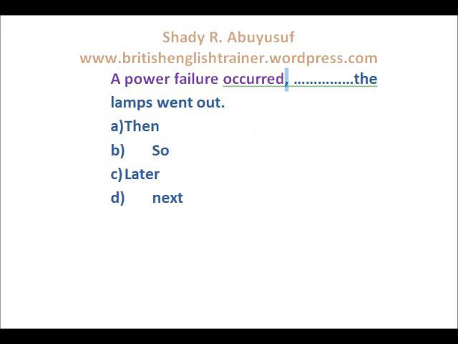And then we've got the comma, as you see here. On the other hand, we've got the lamps, which is a subject also, and then we've got went out, which is a verb. This means that in this sentence we've got two subjects, two verbs. So we have two clauses here, which means that we need a connector, and this connector is going to be a coordinate one. So then, no. So, yes. Later, no. Next, no. The right choice is so, and we've got the comma, we've got everything for it.